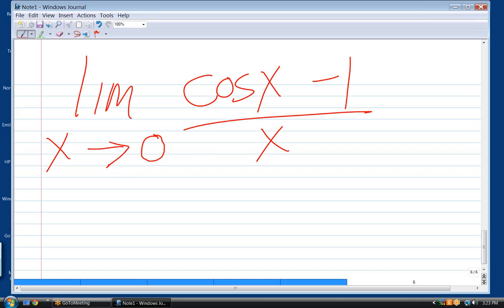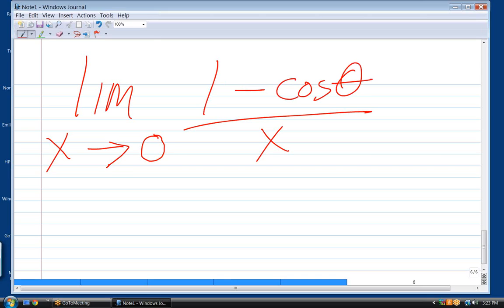Okay. This limit is, wow, I might have it backwards. Yeah, I do. I wrote it backwards. If you haven't seen this before, this is the way it should be written. In other words, cosine of 0 is 1. So you have 0 over 0, but if you square the whole thing, then it's 1 minus cosine squared x over x.